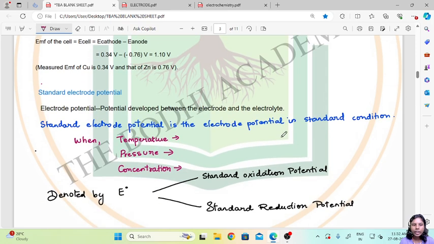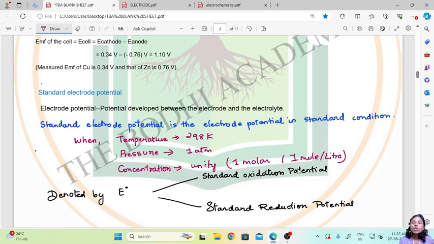So see here, it is given electrode potential is the potential developed between the electrode and the electrolyte. Now when I say standard electrode potential, it means that this same electrode potential, but we are considering it under standard conditions. Now when I say standard conditions, the temperature will be 298 Kelvin, pressure has to be 1 atmosphere and the concentration has to be unity, or we can say 1 molar or 1 mole per liter.